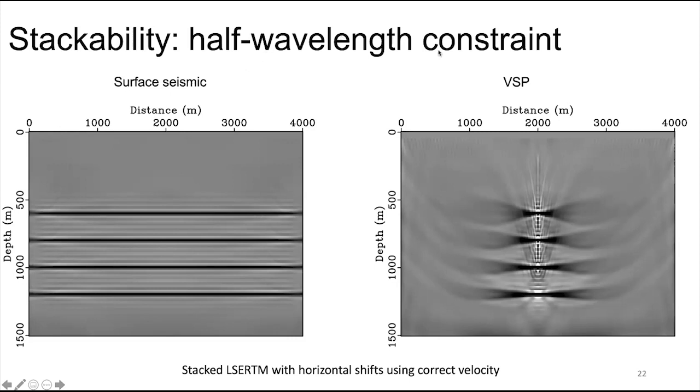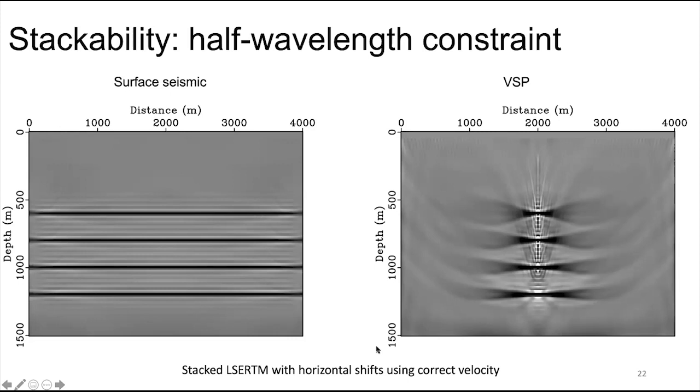The resulting image is in better quality than the image at the zero subsurface offset and the image from conventional LSERTM, especially when large errors are present in the migration velocity model. The left shows the stacked image for the surface seismic survey, and the right part shows the stacked image for the VSP survey.